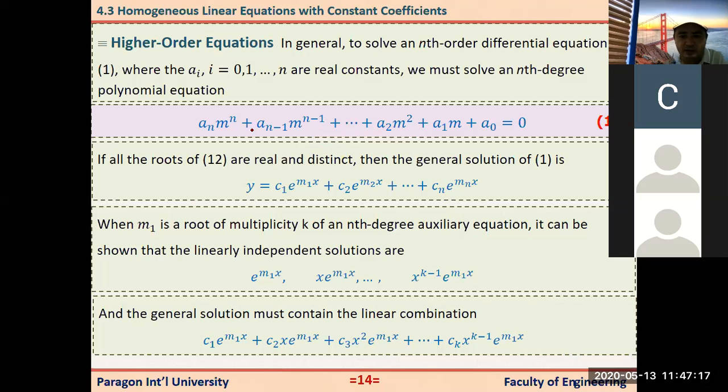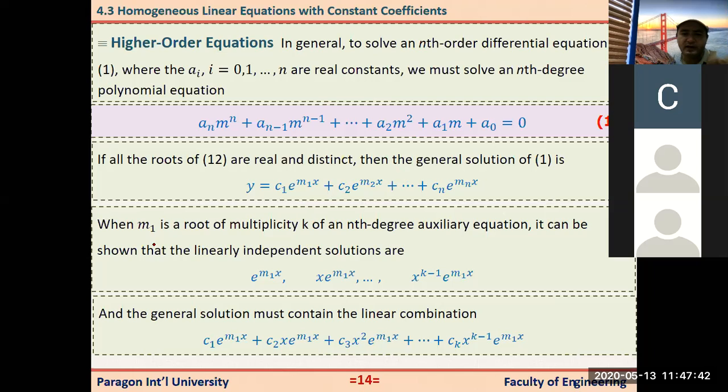If all the solutions are real, the general solution will be y equals c1 e to the power m1 x, plus c2 e to the power m2 x, and the nth root gives c n e to the power m sub n x. All the linear combinations of this fundamental set of solutions give us the general solution of differential equation 1.